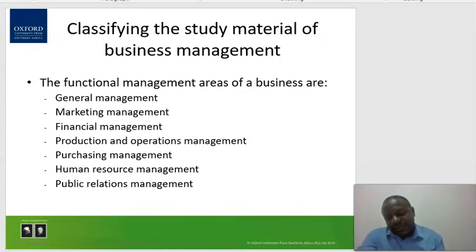If it is not properly managed, it's easy for any organization to fail, irrespective of whether it's the best production function or the best marketing function or the best finance function. If the purchasing and supply function is not properly managed, you can still fail.